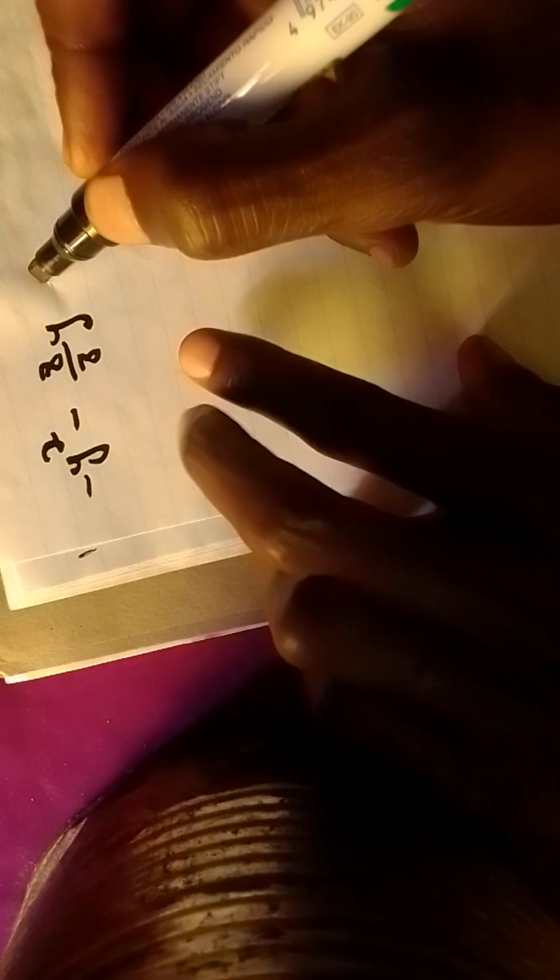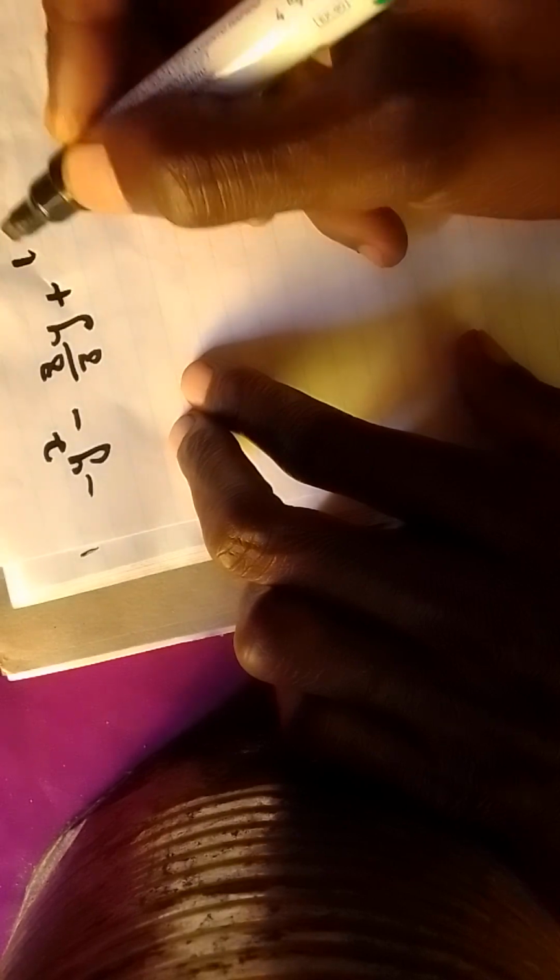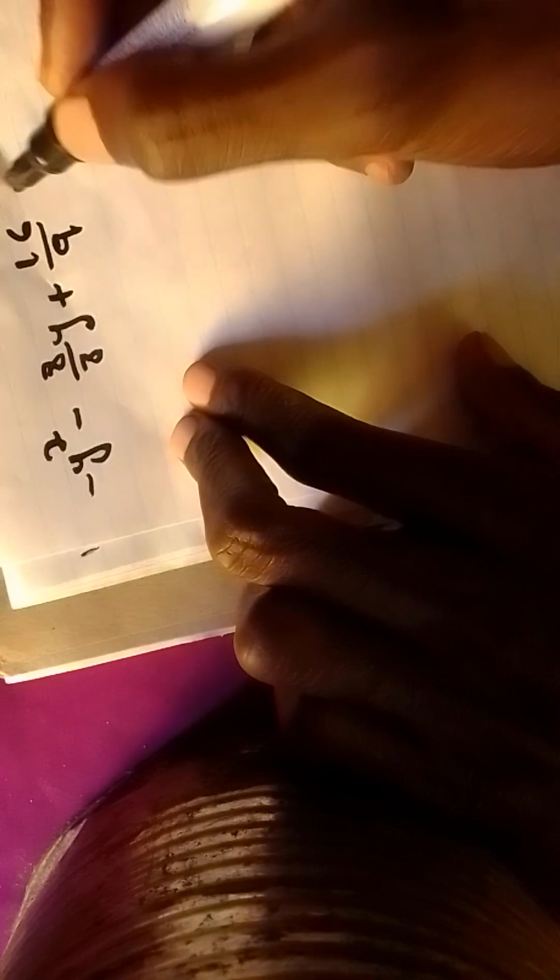Yeah, now we can turn the page. This thing is very easy. Now we're going to do it like this: negative y squared plus 8 divided by 3y plus 16 over 9 plus 2 is equal to 0.